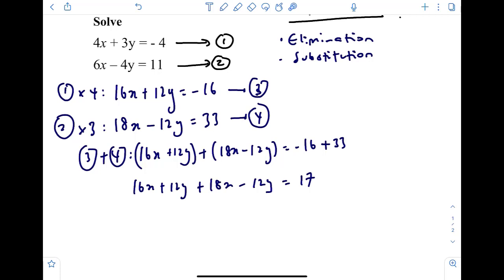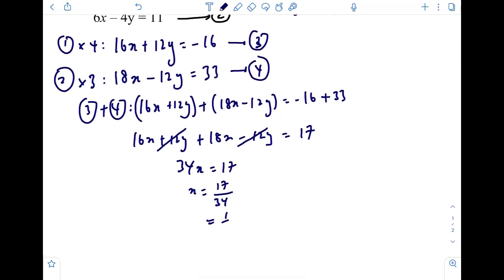Okay, so as you can see, 12y minus 12y, we have eliminated the y. 16 plus 18, 34x is equals to 17. X will be 17 over 34, which is half.